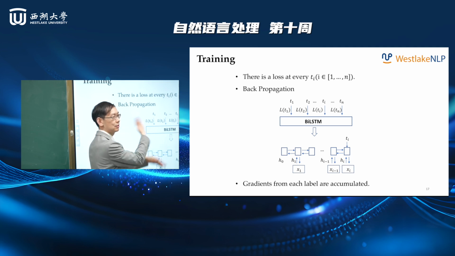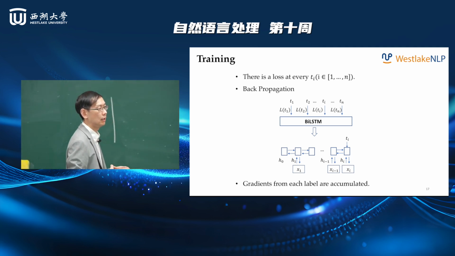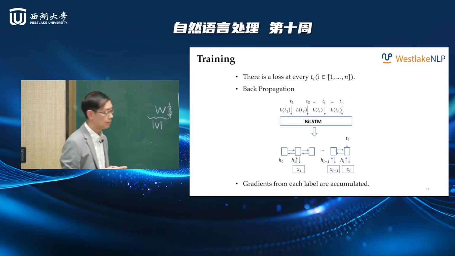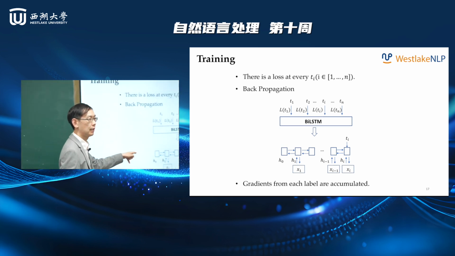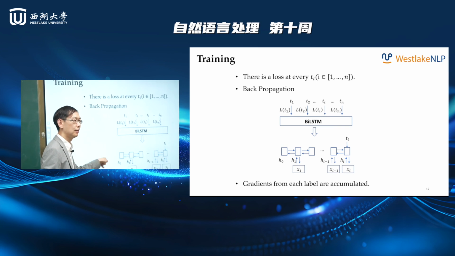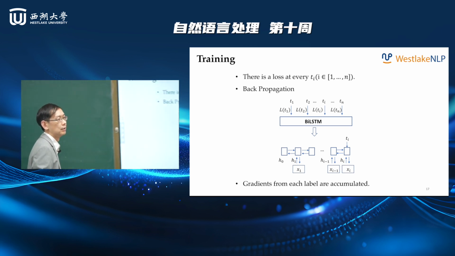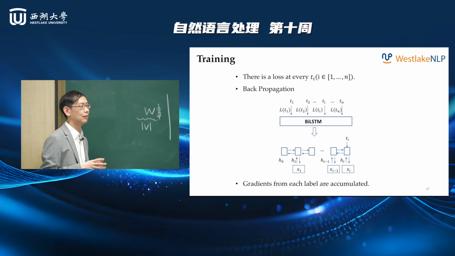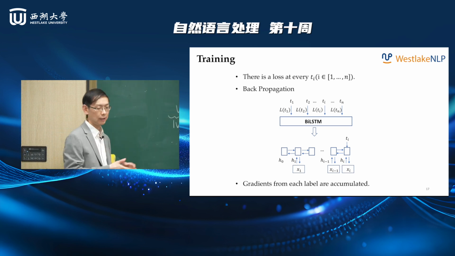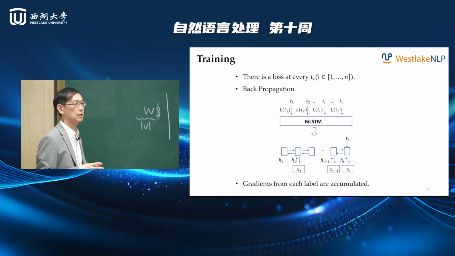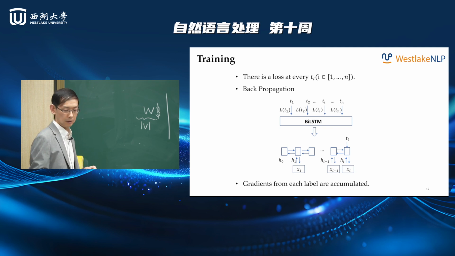So basically, the gradient will just mix up from every part of speech tag in the BiLSTM. You accumulate gradients. And similarly for every input x, you have gradients from the forward LSTM component and from the backward LSTM component. You add them together. So in this neural network structure, you will see gradient from here and there during the training of an SGD epoch. This is something to mention. But we mentioned the accumulation of gradients to the input vector last week from BiLSTM. This is not surprising anymore.